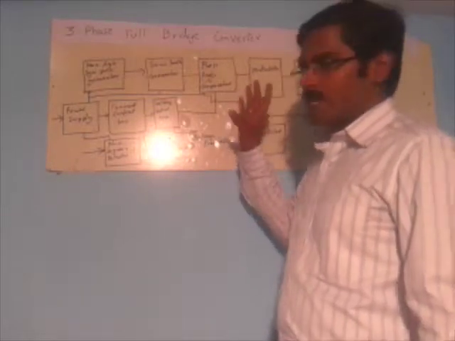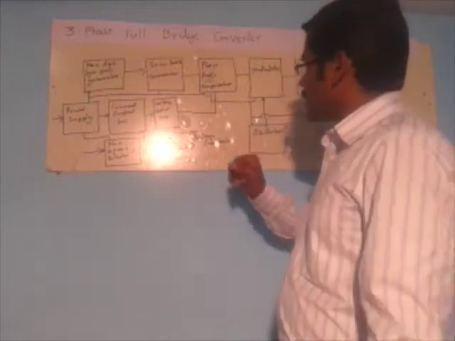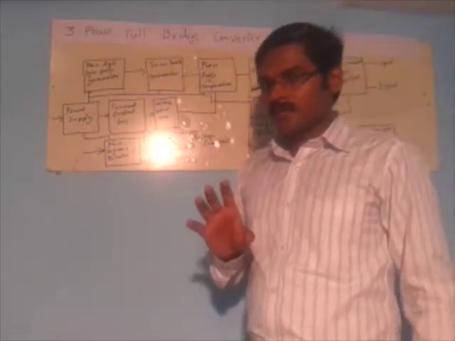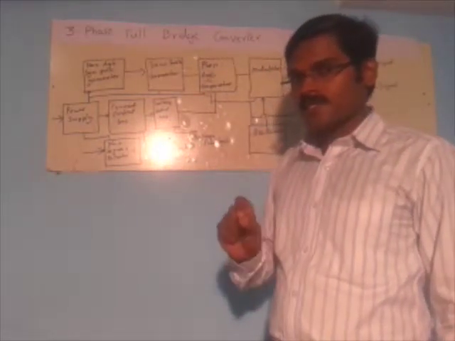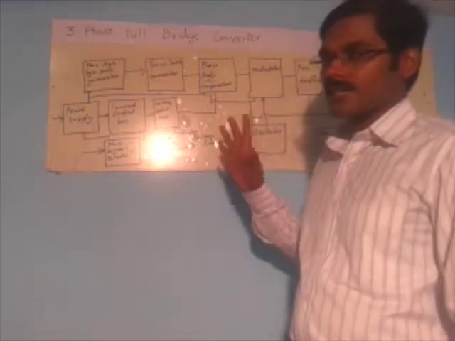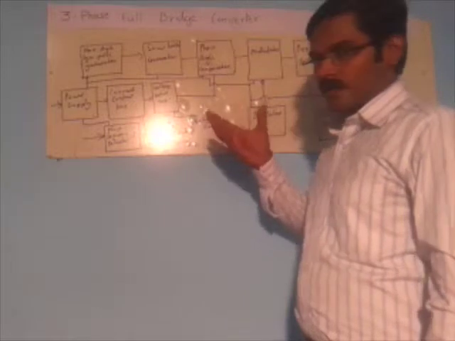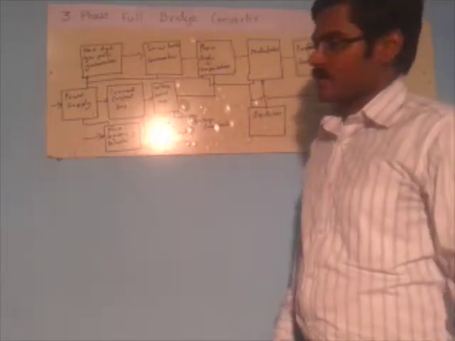The phase angle comparator will decide the firing angle corresponding to the error variation. In other words, it decides the instantaneous firing angle of the thyristor, and that instantaneous firing angle will control the current transition from one thyristor to another.